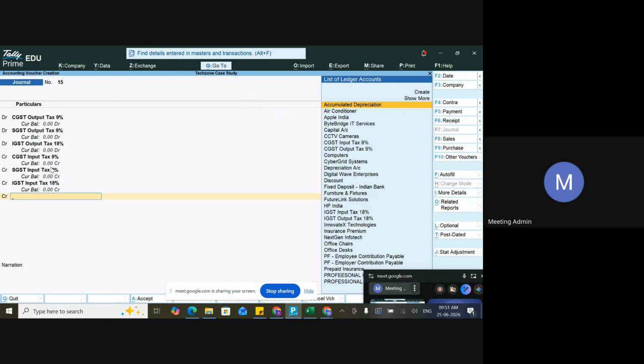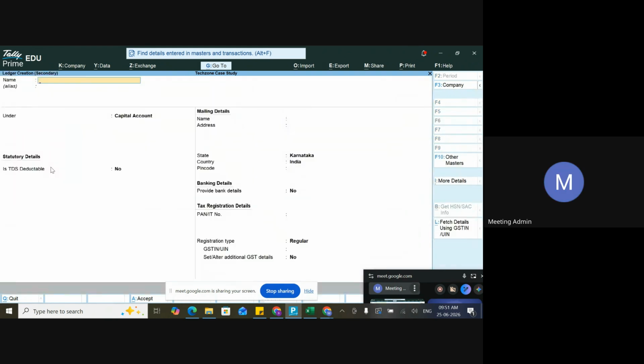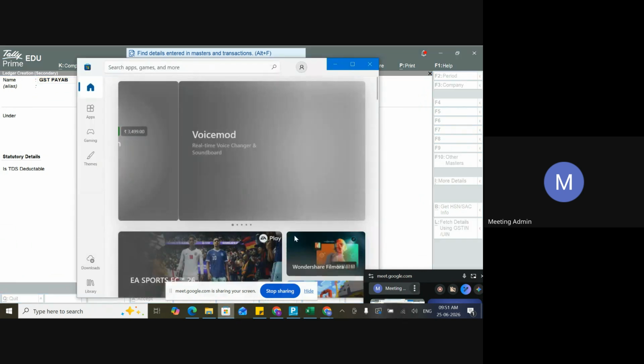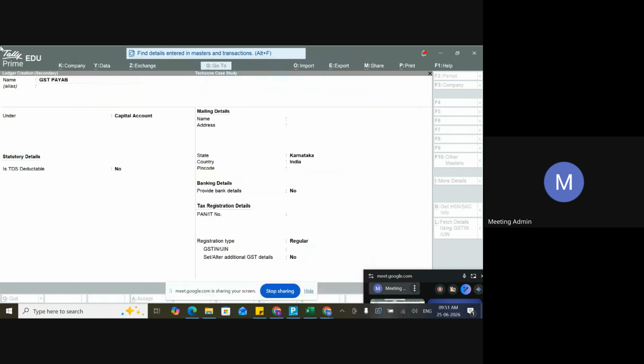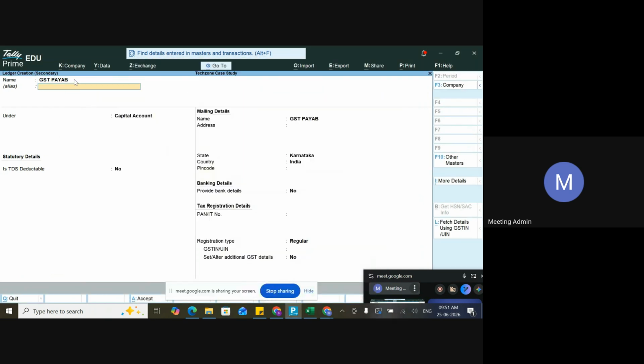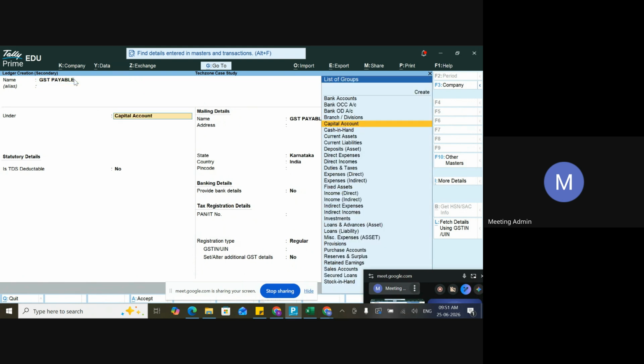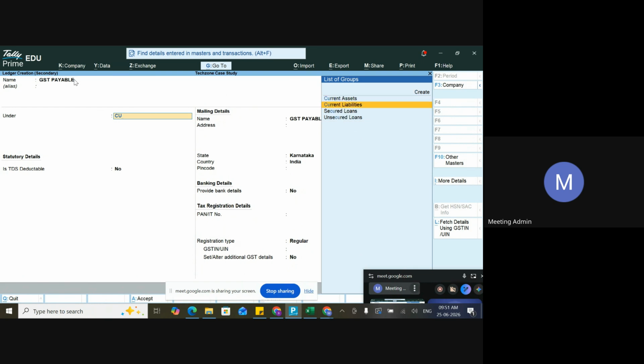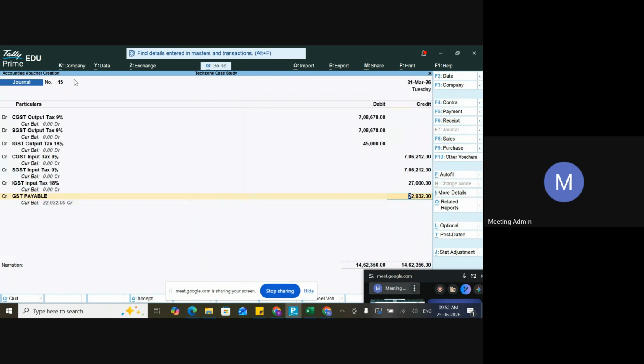Now we have to do the Alt C. Next, GST payable. GST payable under current liabilities only, as we are doing this for the same. Then save it.